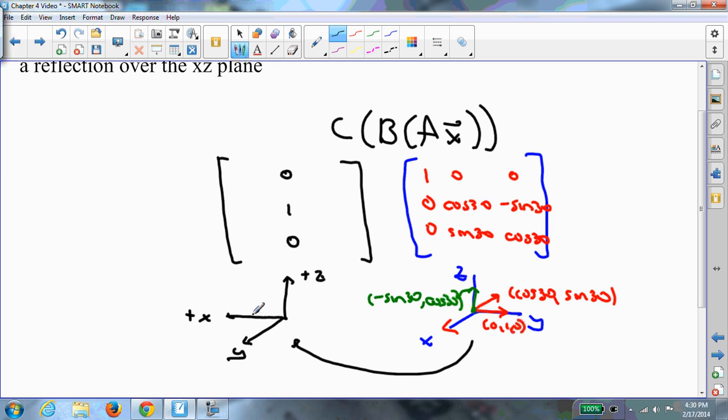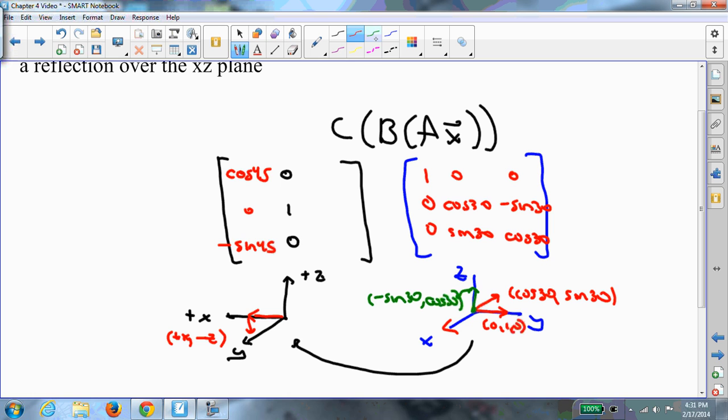So now what this means is if I take a vector along the x-axis, if I rotate it 45 degrees, I'm going to have a positive x value, and I'm going to have a negative z value. So I have cosine of 45 here, 0, and now negative sine of 45 here.